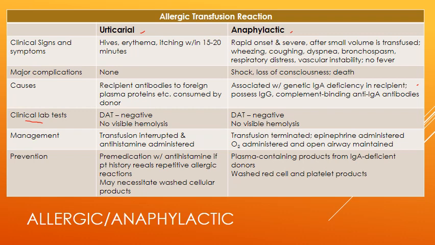So the first time we know about a patient not having IgA, frequently it's when they get a transfusion and then they have an anaphylactic response. So it's usually their second transfusion. They have an anti-IgA, that's an IgG.